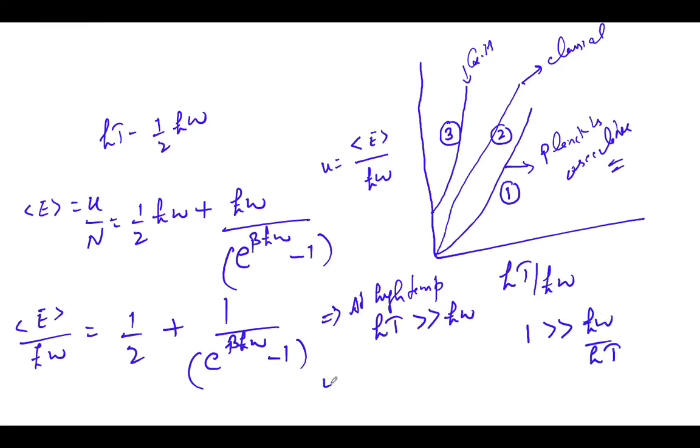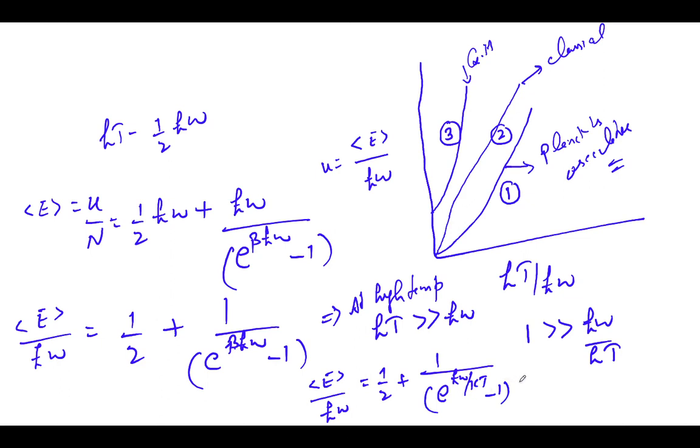So in that case, the value of E bar over h bar omega, putting the value of beta, I can write as 1 over exponential of h bar omega over kT minus 1.